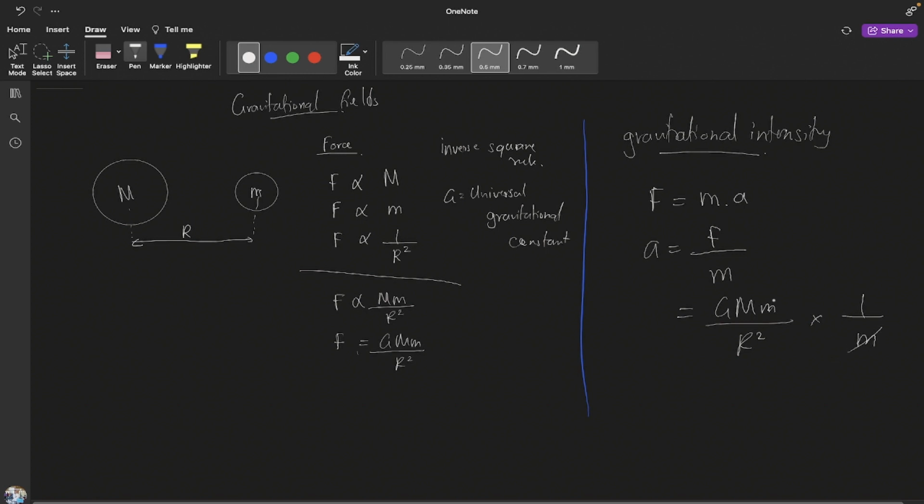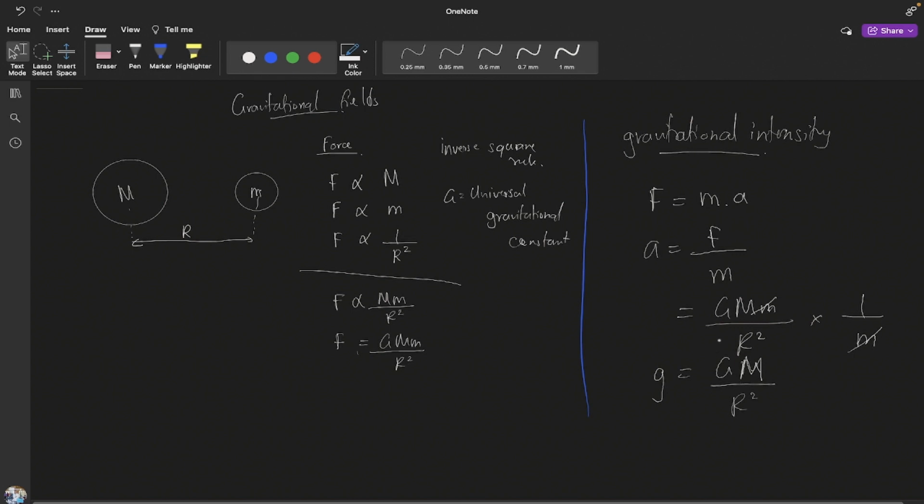So simple m cancels, and for acceleration we use simple g, for gravitational intensity: g equals capital G capital M over R square. This object is spinning around this object, so the gravitational intensity felt by this object is this. You can see that it is independent of the mass of the object.